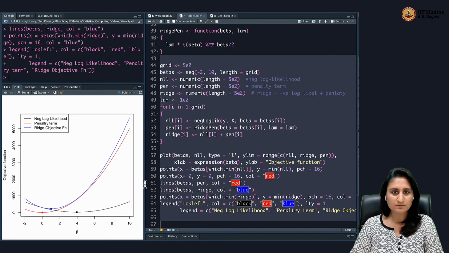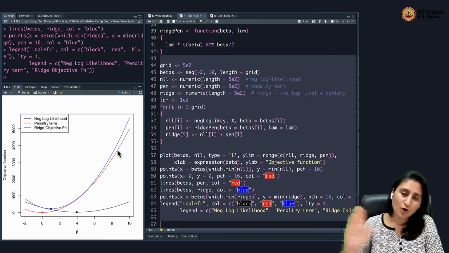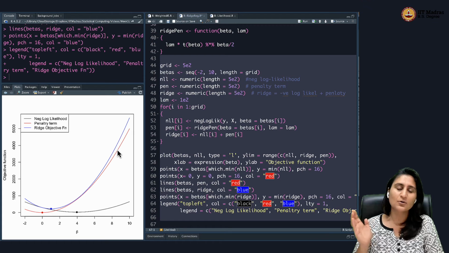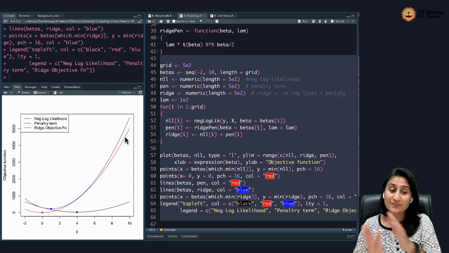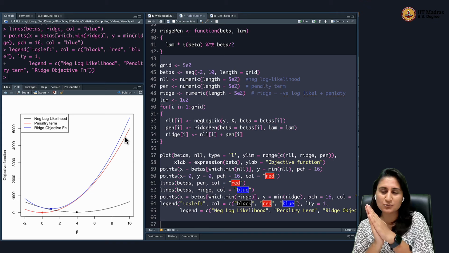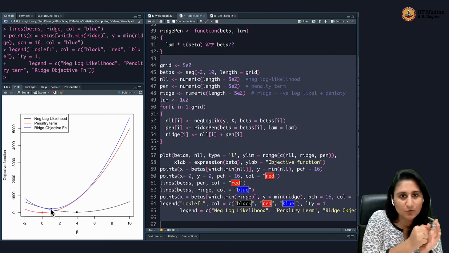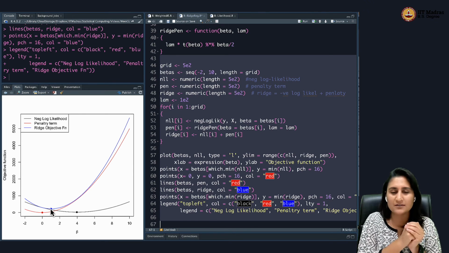You see? Now when I made lambda equals 100, this is still my objective function. My negative log likelihood doesn't change. But the penalty term is now so much higher that it overpowers the negative log likelihood, so that the ridge objective function is very close to only the penalty term, which means my actual solution, the ridge solution in blue, gets really close to the red solution, which is just the penalty term.